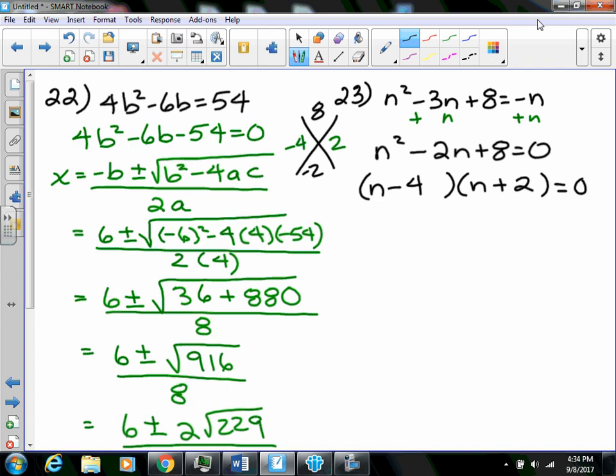Now, because there is an equal sign here, I know I'm not done. I need to take each individual factor and set it equal to 0. So n minus 4 is equal to 0, or n plus 2 equals 0. If n minus 4 is 0, add 4, and you end up with n equals 4. Or n plus 2 equals 0, subtract 2 from both sides, and you have n equals negative 2.